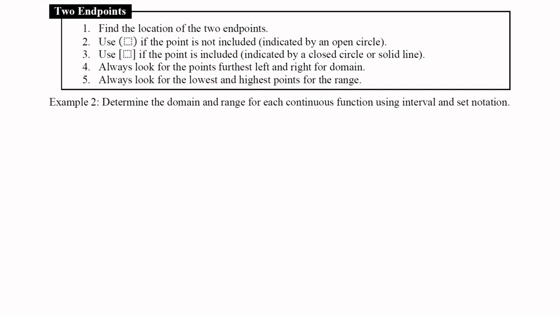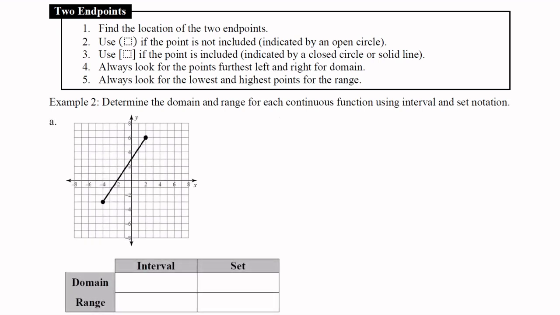So let's do an example of this. We are going to determine the domain and range for each continuous function, and we're going to use both interval and set notation. So in A, we have a closed dot on both ends. For the domain, we're going to look most left. So our most left-hand value on the x-axis is -4. Our most right-hand value on the x-axis is 2.